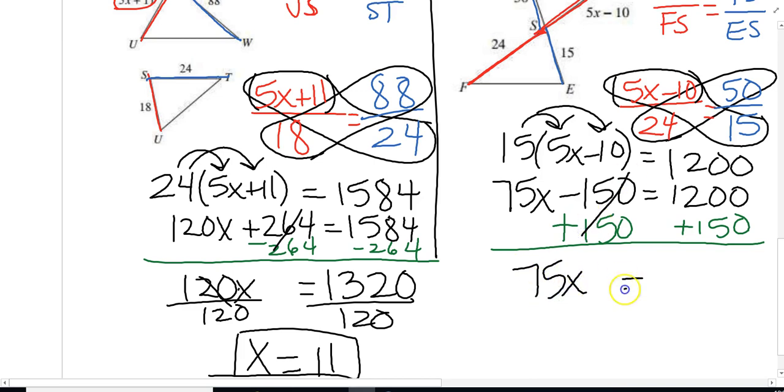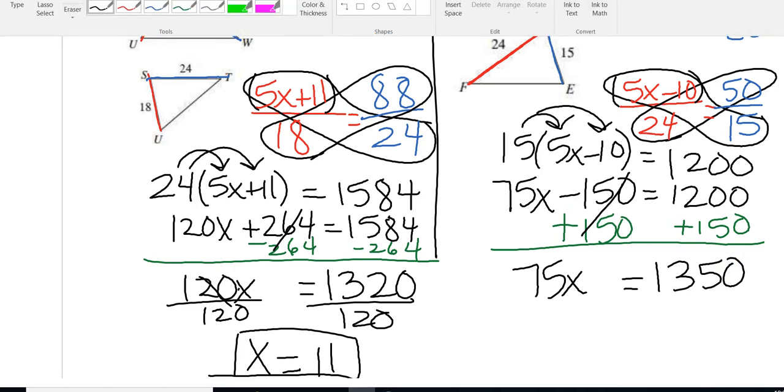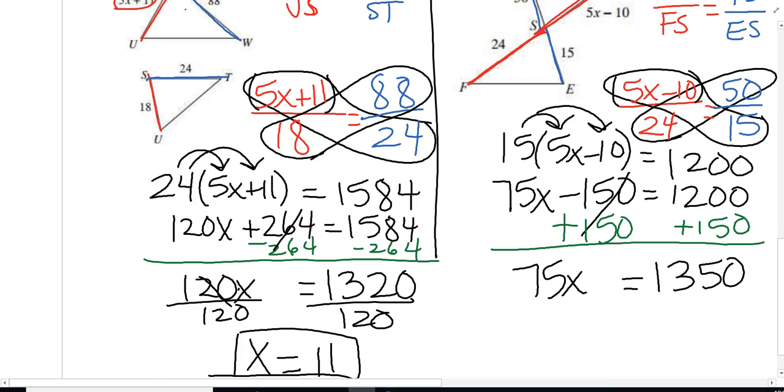That becomes 0. And 1,200 plus 150 is going to give me 1,350. I want to isolate my x, so 75 times x, the opposite there is to divide by 75 on both sides. Right, always do the opposite in order to isolate our variable there. And so x is going to equal 18.